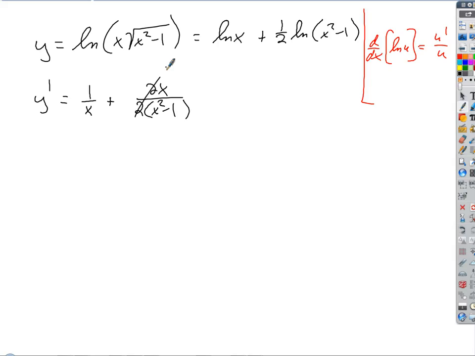Okay. I mean, we could have left it there, and it would have worked, right? If I had left this instead as the square root of x squared minus 1, that's kind of a pain, right? Then I've got to take the derivative of a square root to get my u prime, right? See what I'm saying?